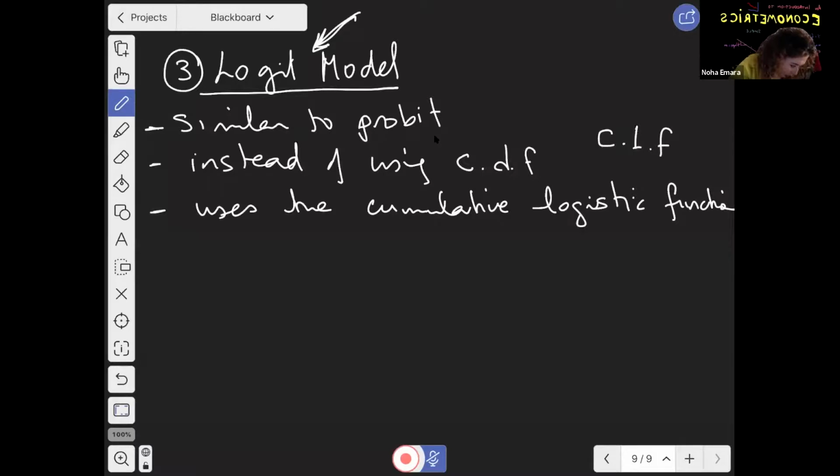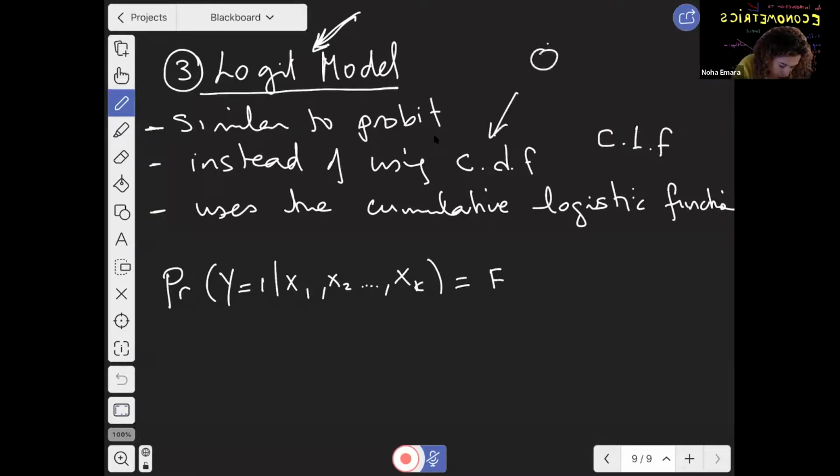And actually, when you think about it, what is a cumulative logistic function? It has this notation. So now my probability that y is equal to 1 given x1, x2, just make it more general, up to xk, is equal to the cumulative logistic function, which takes a notation of F, like the cumulative distribution we used to say phi. The logistic one takes an F. Okay, it's just a notation.